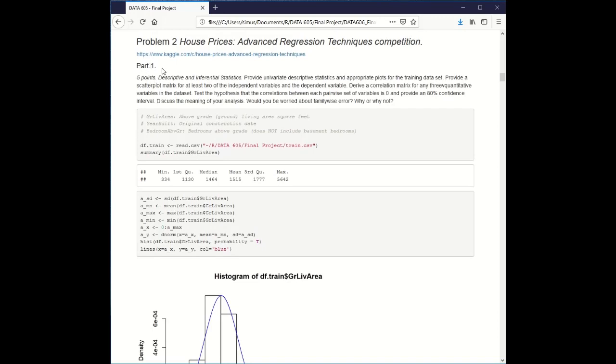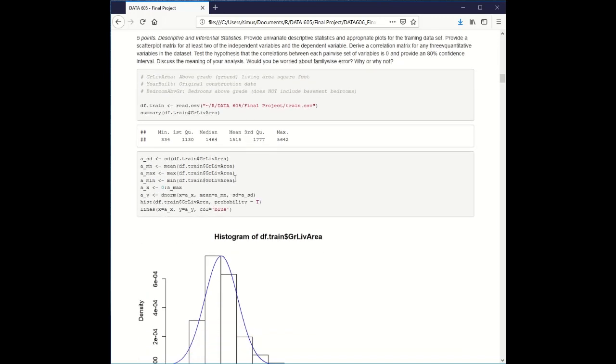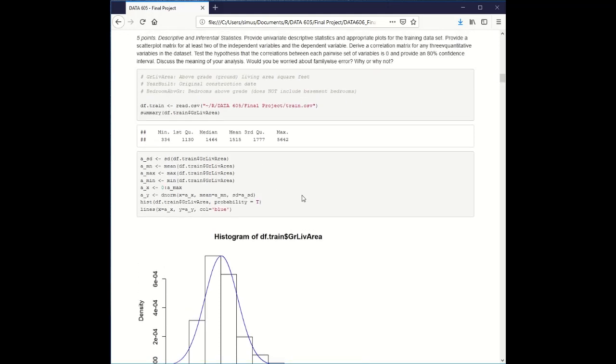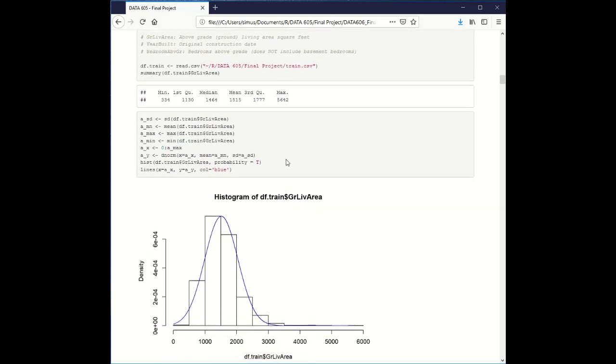In part 1, we were asked to do some descriptive and inferential statistics, and I do that here by taking a look at the GrLivArea variable from the training set, and that variable stands for the above ground living area in square feet.